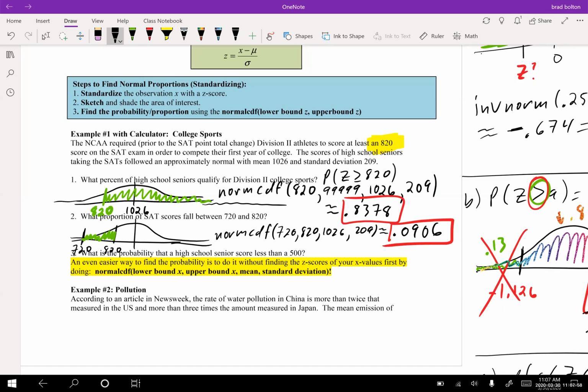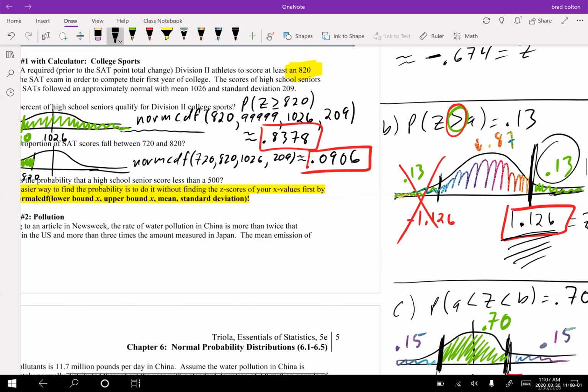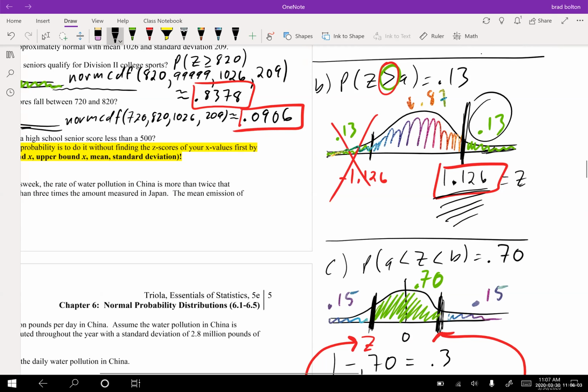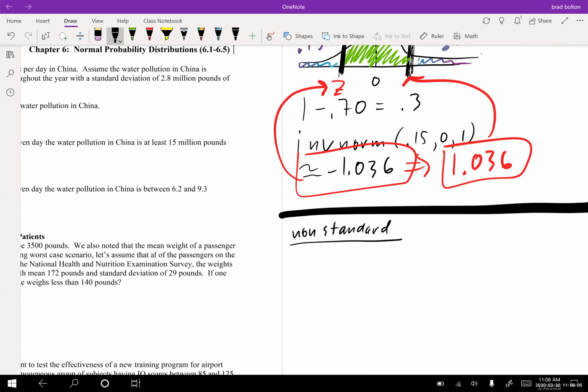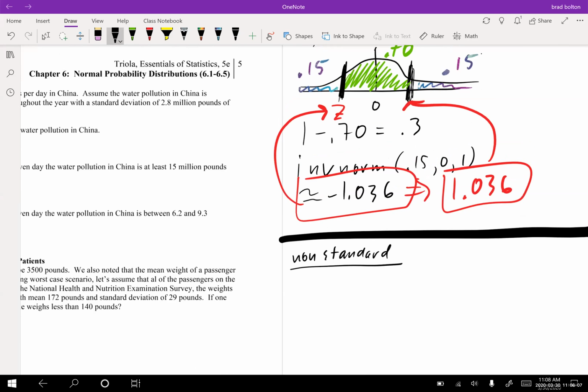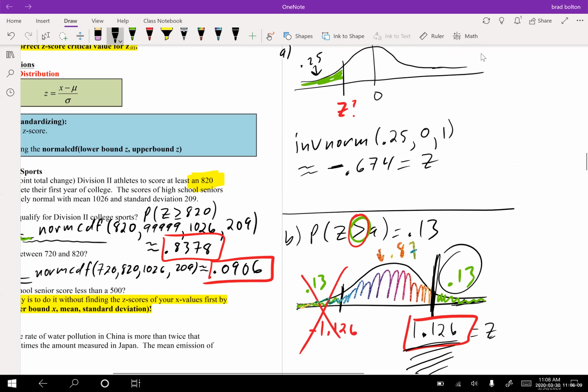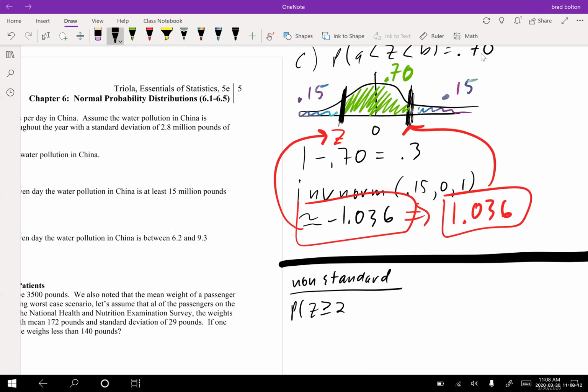Or, you know what, let's call it non-standard. Okay, so the non-standard method, I just did the probability that Z is greater than or equal to 820.